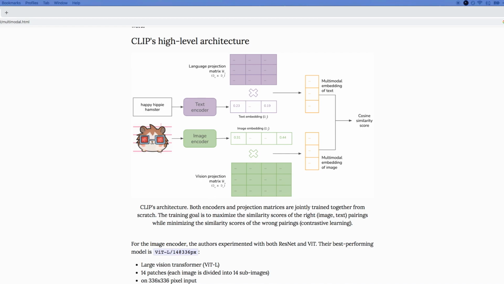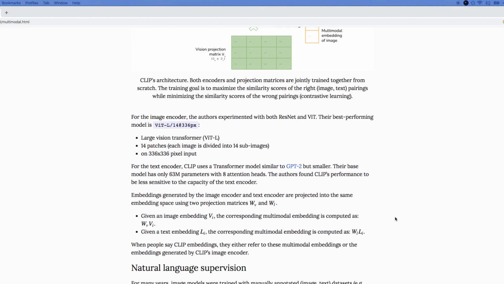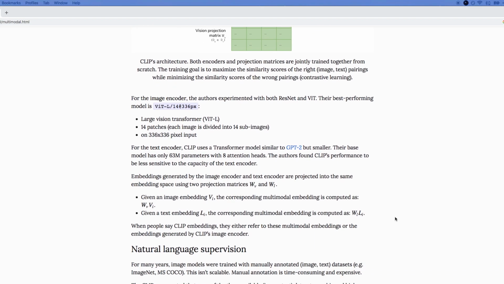For the text encoder, CLIP uses a transformer model similar to GPT-2 but smaller. Their base model has only 63M parameters with 8 attention heads. The authors found CLIP's performance to be less sensitive to the capacity of the text encoder. Embeddings generated by the image encoder and text encoder are projected into the same embedding space using two projection matrices, WV and WL.